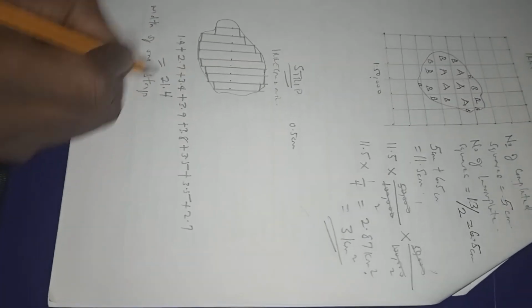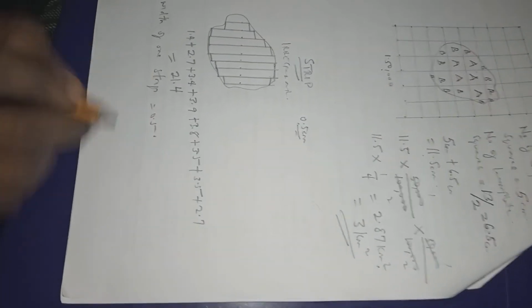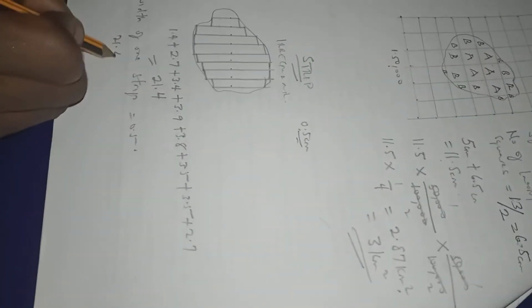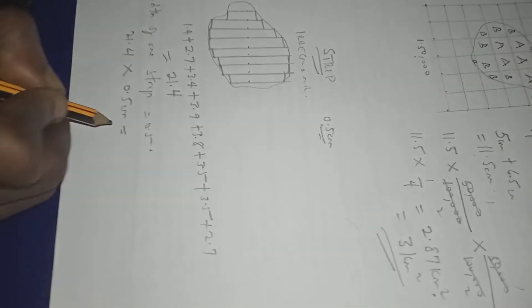Now the width of one strip is the width that is from here to here that you use, which is 0.5. So what you do now is 21.4 times 0.5, and that will give us 10.7. Our map scale is also 1:50,000.